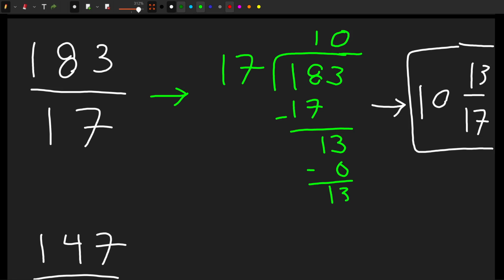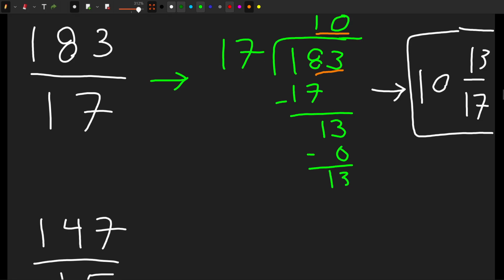And so that way, if we remember from elementary school, this number on top now lines up with the number of digits that was in our numerator. Can't remember if it's dividend or divider, but it's in our numerator. And so now that we've taken care of the ones place and the tens place, now we can stop. And so then our answer is 10 and 13/17.